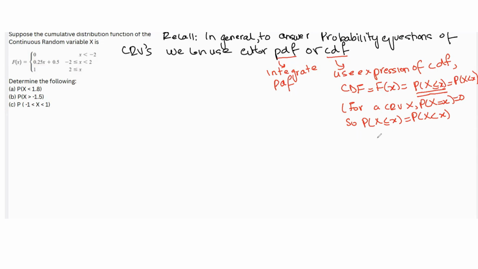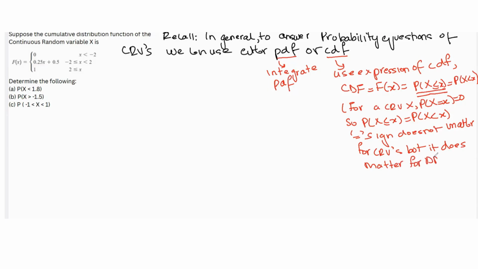Like, the equal to sign does not matter for continuous random variables, but it does matter for discrete random variables, right? In discrete random variables, we do have to be careful about the equal to sign.